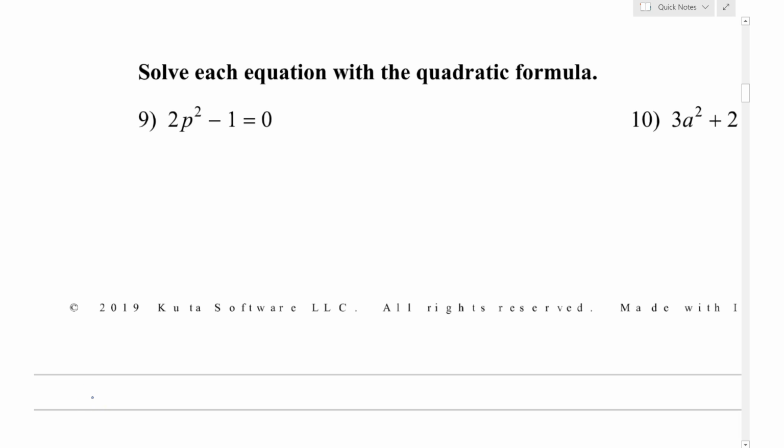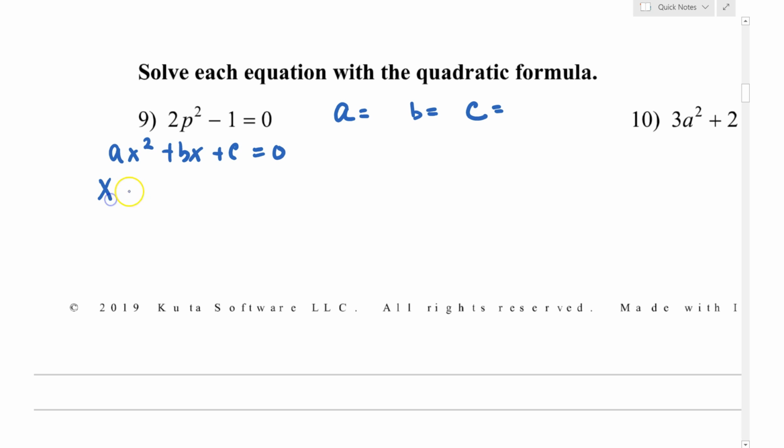We're going to solve these equations using the quadratic formula. Remember that you have ax squared plus bx plus c is equal to 0. You first have to identify a, b, c.